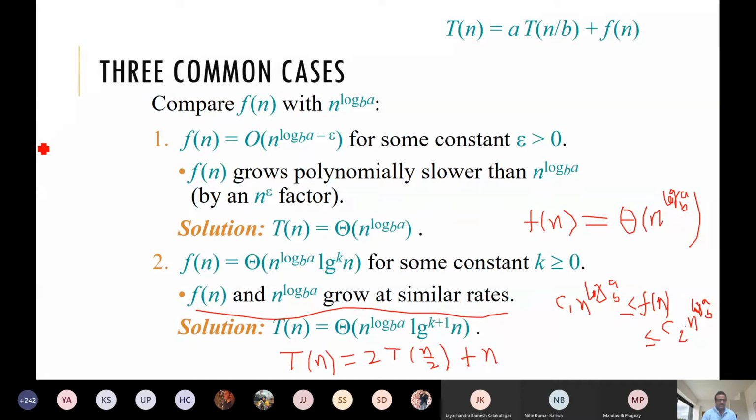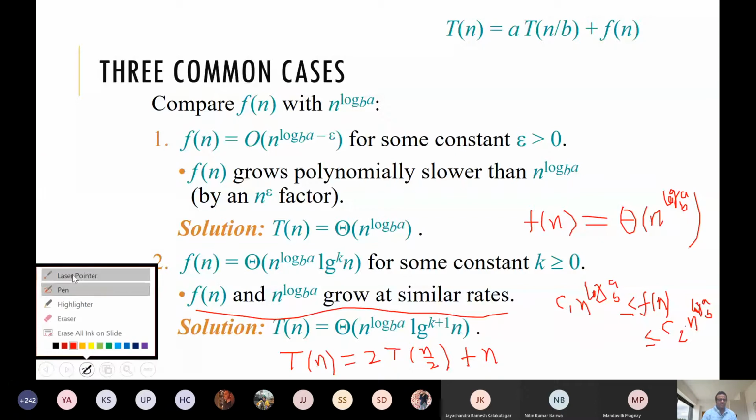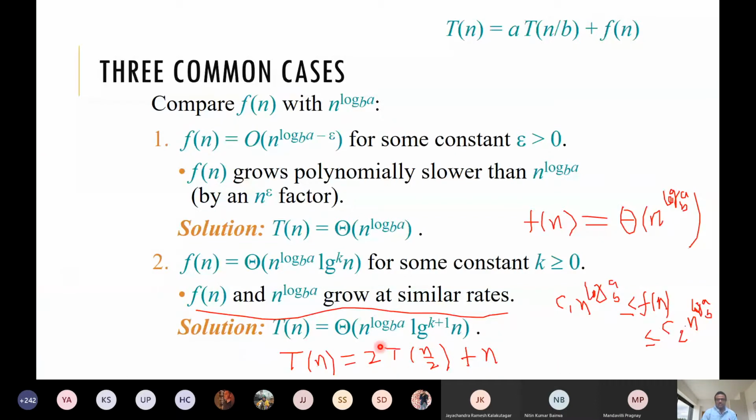So for merge sort, what is a, what is b? a is 2 and b is 2, and fn is n. So what is n to the power log a base b? n to the power log a base b is n. And what is fn? fn is also n. So their growth is the same. Here k is 0, so this is case 2 with k equal to 0.